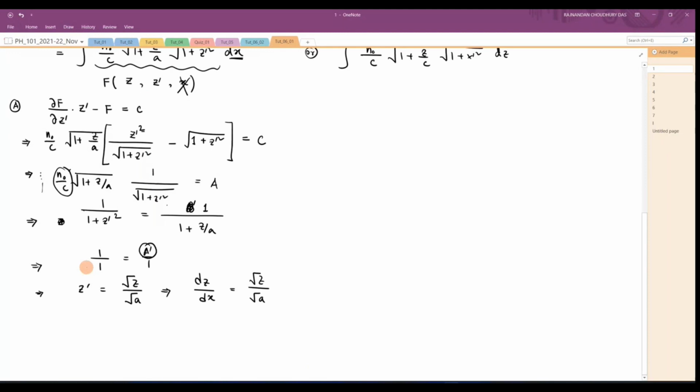So this one will become finally dz by root over of z, which will become root over of z is equal to dx by a. This will become x by a plus some constant. Okay, again we know that this beam was passing through 0, 0. That means this will become 0.